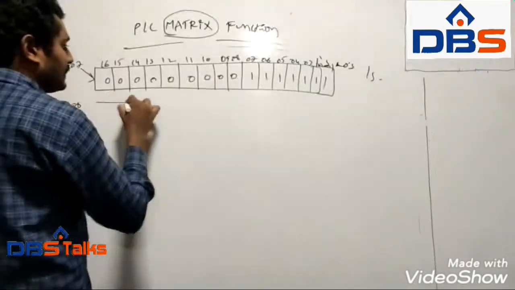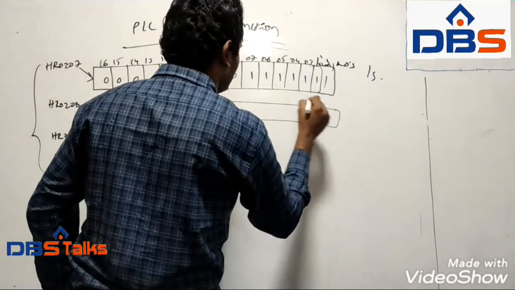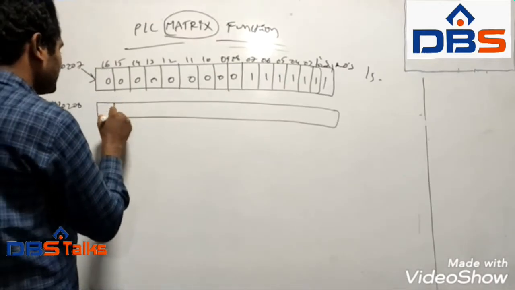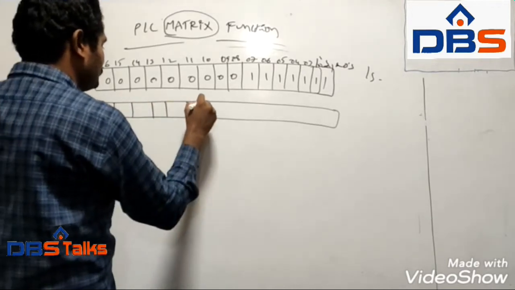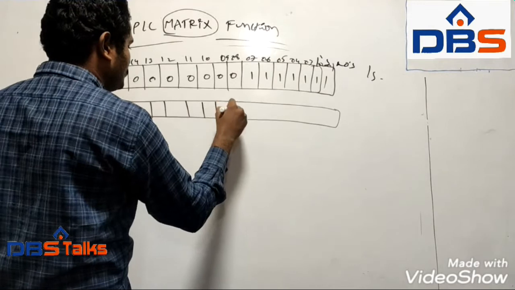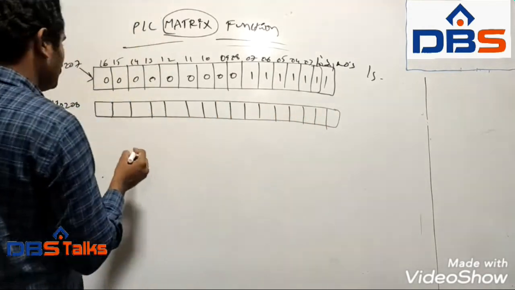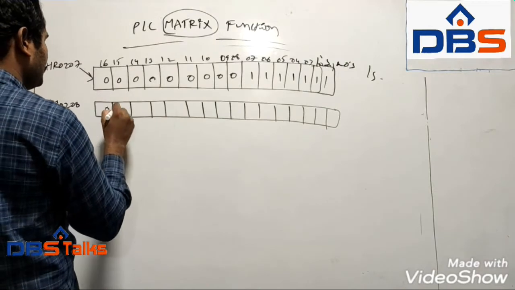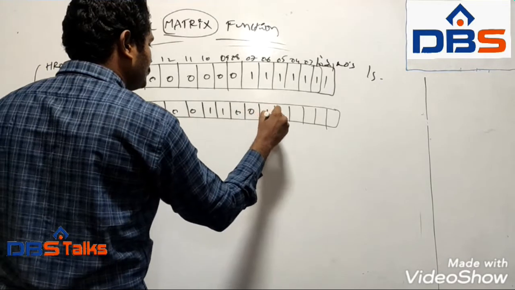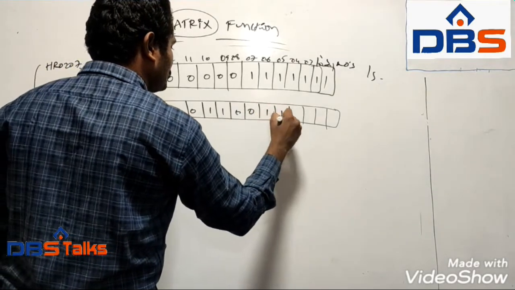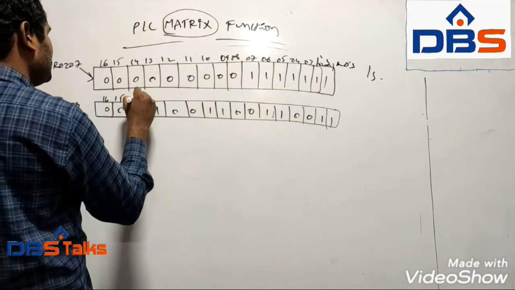I am taking one more 16-bit register, that is HR0208. Here in this one also I am taking 16 bits, and I am also inserting values. So these are the bit positions.